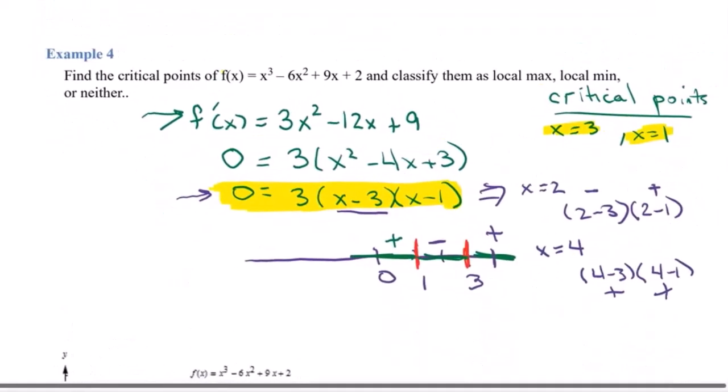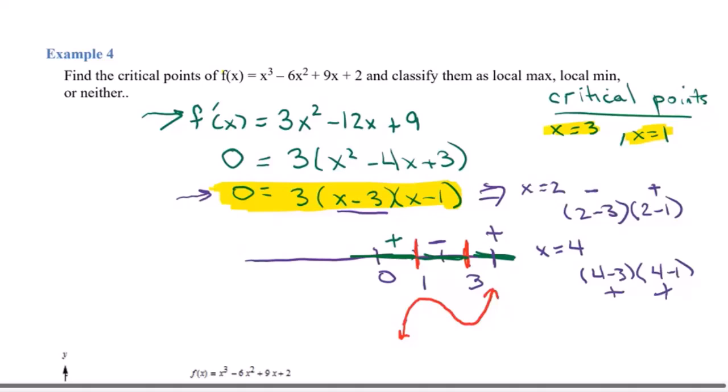What are we going to say? Well, before 1, our graph is increasing. After 1, it's decreasing. At 3, it starts to increase again, and it continues to increase forever.